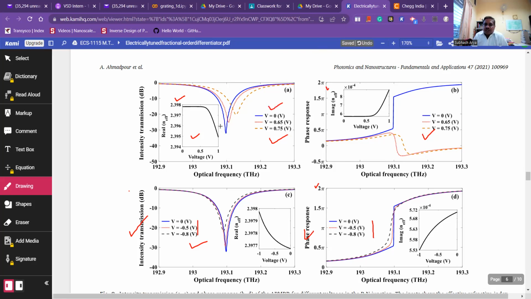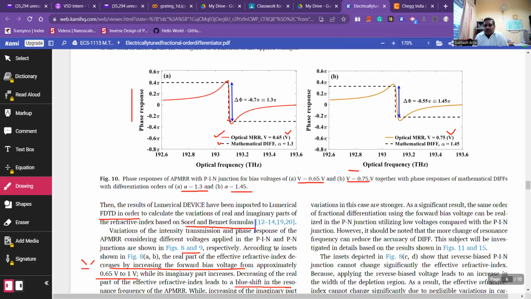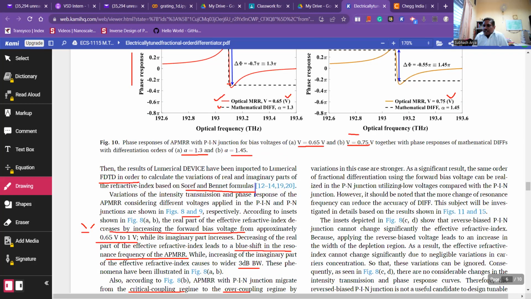So this is also a blue shift in the case of PN, now in fractional order. Of course, variations in this case are stronger. As a significant result, the same order of fractional differentiator using the forward bias voltage can be realized in the PN junction utilizing low voltage compared with the PIN junction. However, it should be noted that a larger change of resonance frequency can reduce the accuracy of the differentiator. This subject will be investigated in detail based on the results shown in figures 11 and 15.